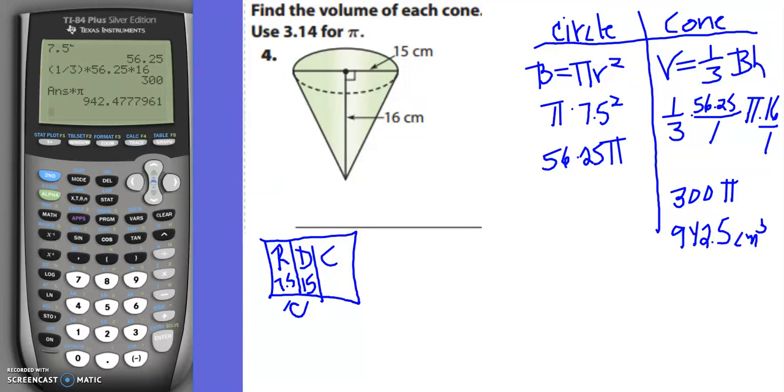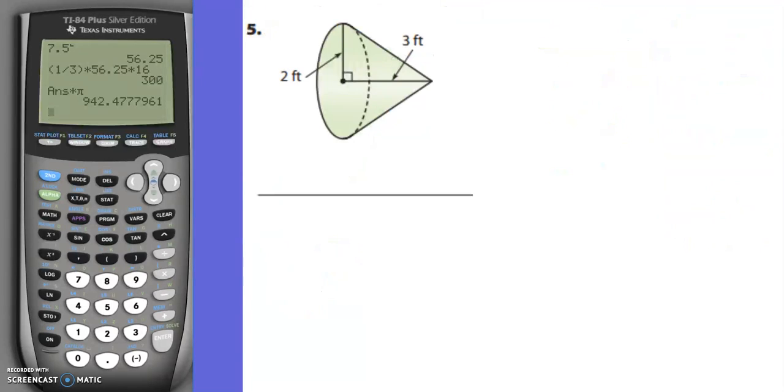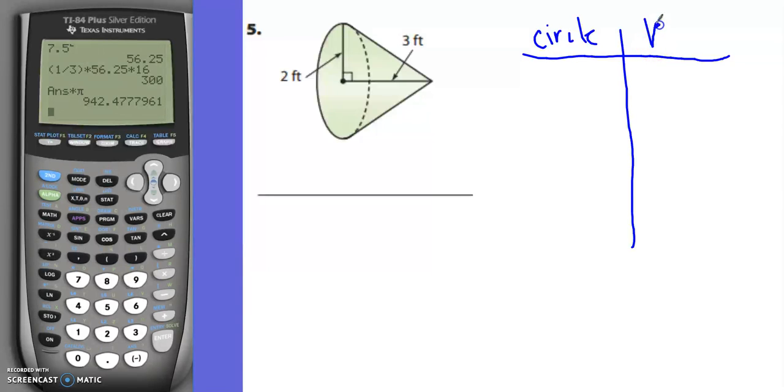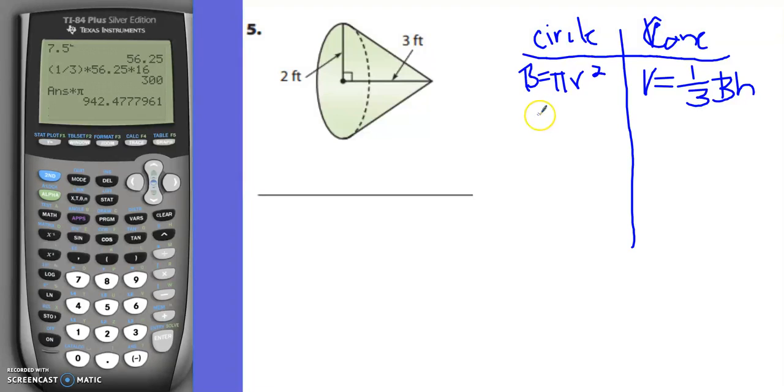All right, let's take a look at number 5. Okay, on number 5, we find the area of the base. The area of the base is a circle. The 3D figure is the cone, so big B is pi r squared. Cone is 1/3 big B times h. So the radius is 2, so pi times 2 squared. 2 squared is 4, so we have 4 pi.